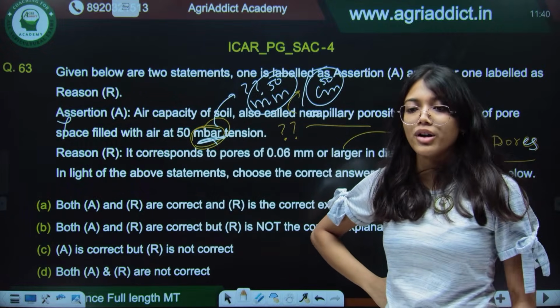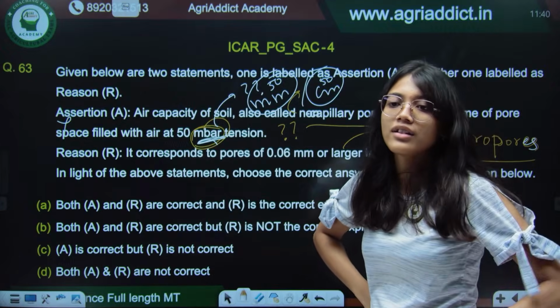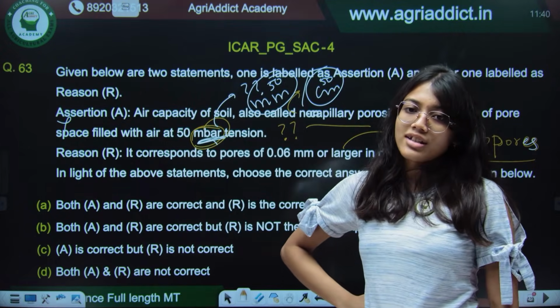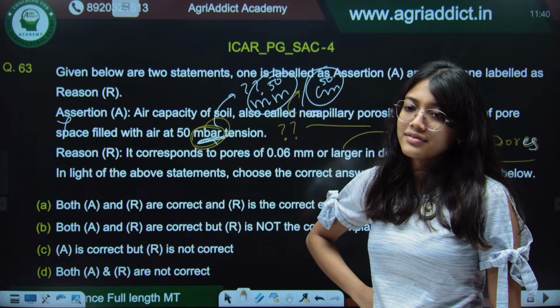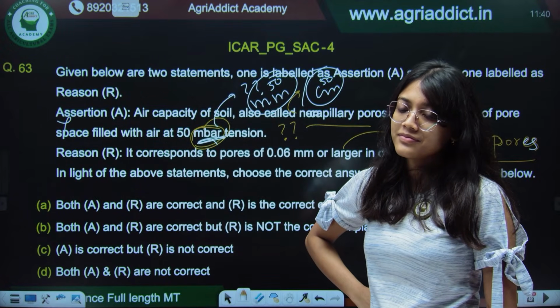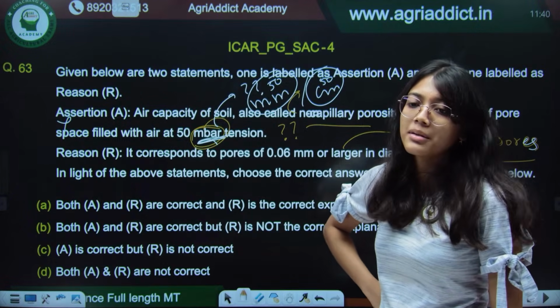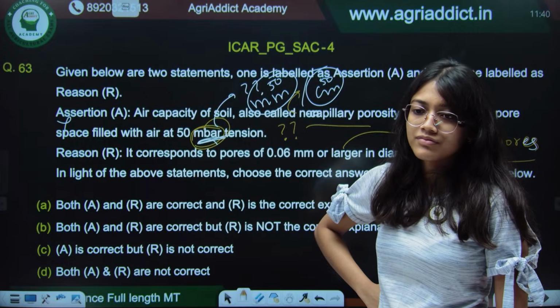Whenever your soil moisture is at a tension of 50 millimeter or centimeter of water column. It is not supposed to be 50 millibar. That is wrong.